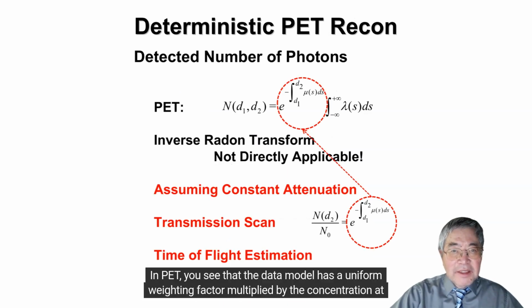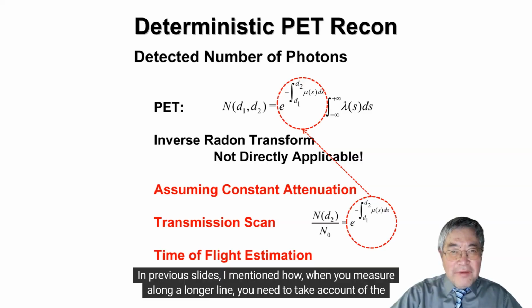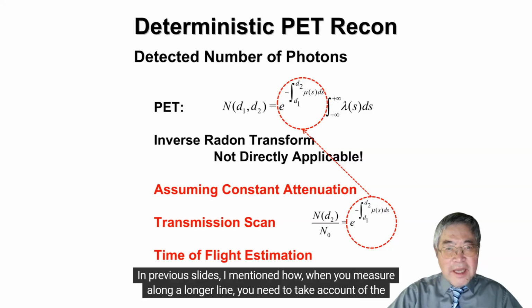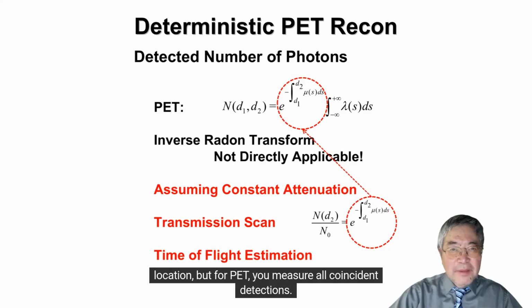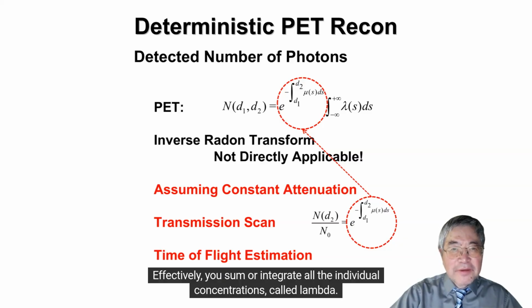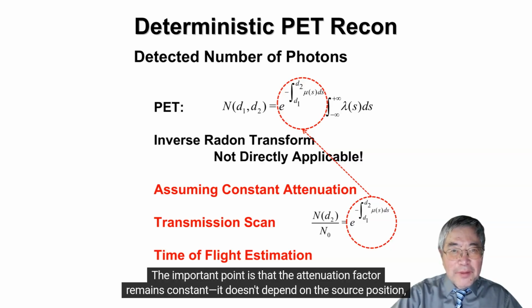In PET, you see that the data model has a uniform weighting factor multiplied by the concentration at each location. In previous slides, I mentioned how when you measure along a longer line, you need to take account of the location, but for PET, you measure all coincident detections. Effectively, you sum or integrate all the individual concentrations, called lambda. The important point is that the attenuation factor remains constant.